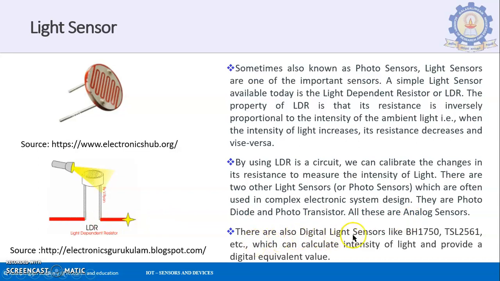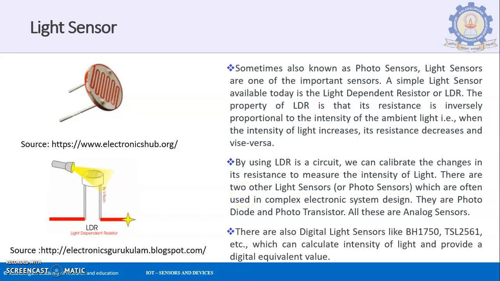There are also digital light sensors like the BH1750, TSL2561, etc. These calculate the intensity of light and provide a digital equivalent value, and not the analog resistance value. This categorizing of sensors comes into an application when you have an Arduino board with analog pins or digital pins available, whichever is free.